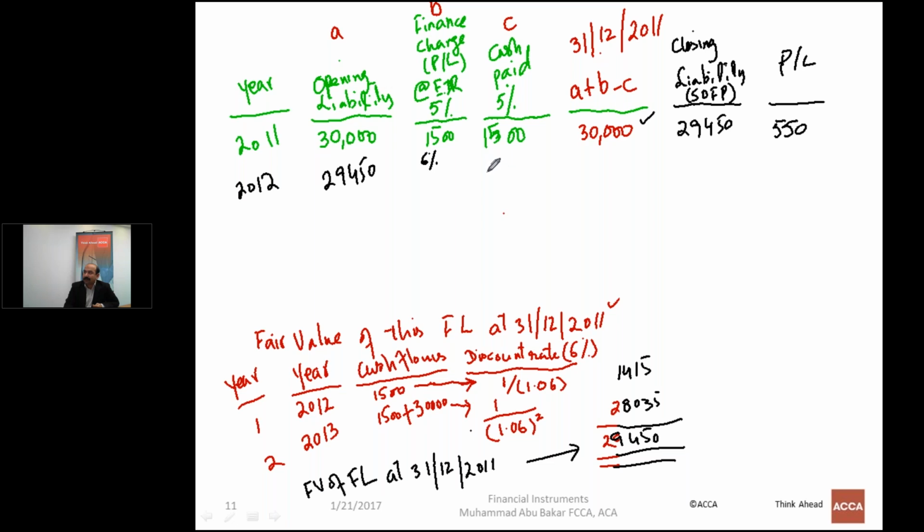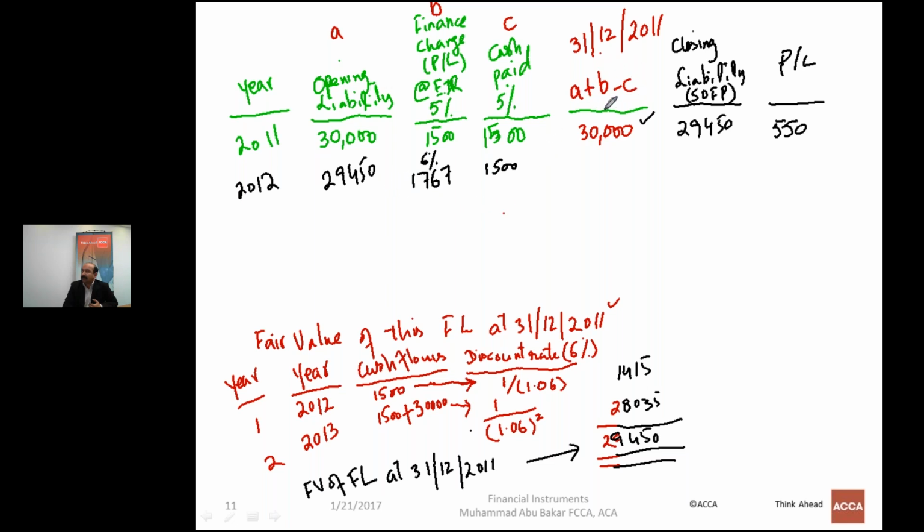But the coupon rate of interest will remain unchanged because it is independent of the market rate of interest, whereas for 2012 the effective interest rate for the calculation of finance charge, which will be charged to the profit and loss account, will be calculated at the rate of 6%. So 6% of 29450 will give you 1767. This is for the second year.